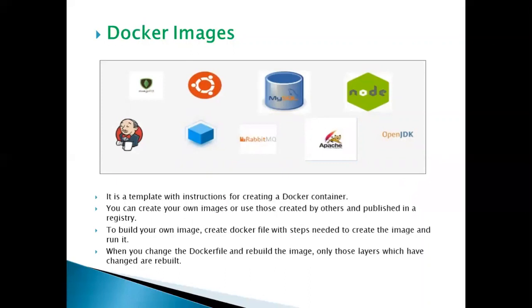You can create your own images or use the other images that are published in a registry. To build your own image, you need to create a Docker file with the instructions to create an image and how to run it. When you change the Docker file and rebuild the image, only the changed layers are rebuilt.